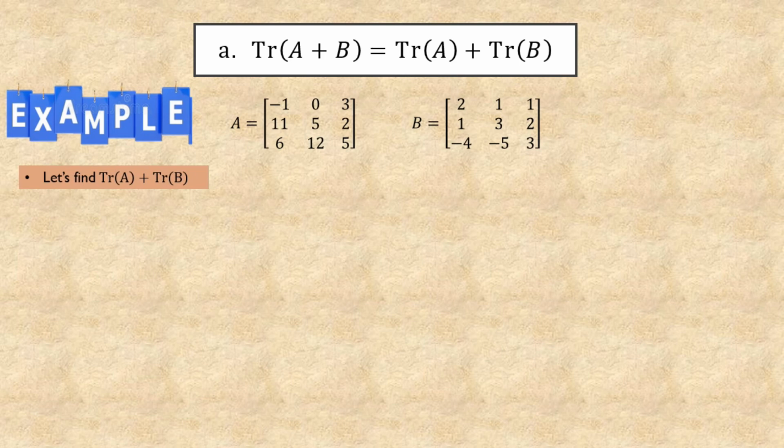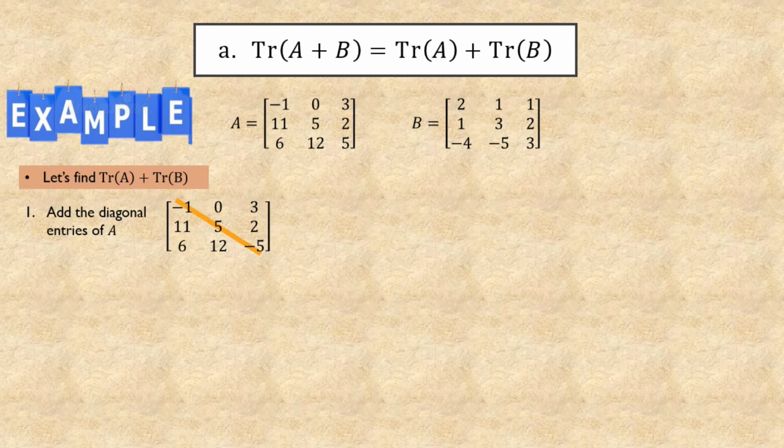Let's find trace of A plus trace of B. Add the diagonal entries of A. So the diagonal entries of matrix A are negative 1, 5, negative 5, which is equal to negative 1 plus 5 plus negative 5, which is equal to negative 1.